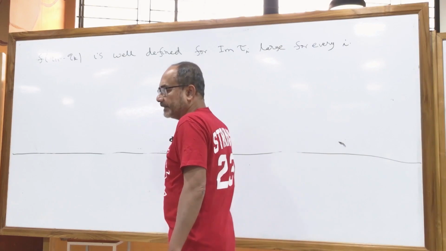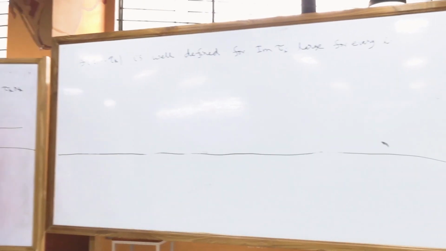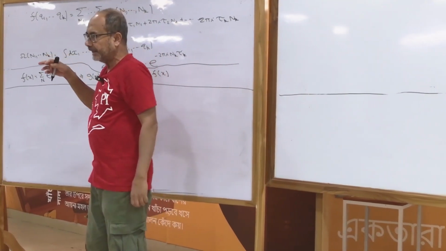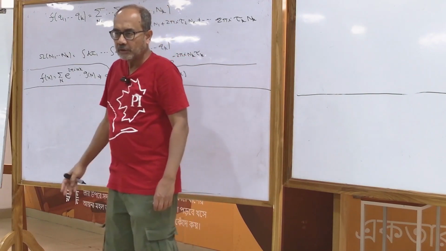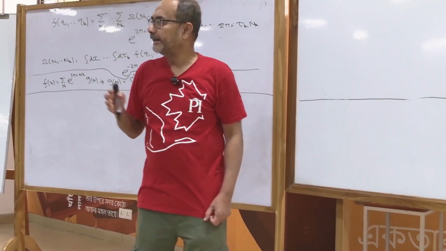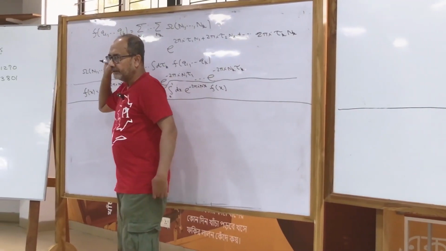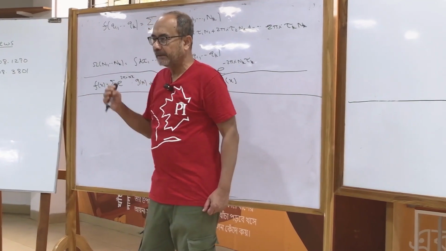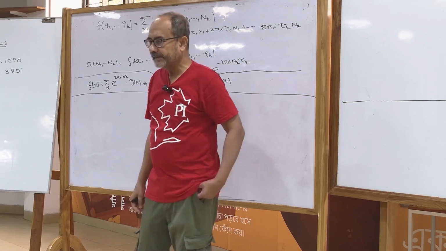Because if imaginary tau i is large, then these will be exponentially suppressed. i times i is -1, right? So, imagine tau 1 is equal to i lambda 1. Then this will be like e to the minus lambda 1 n 1. That falls off. So, this can compensate for the growth of omega. So, for this reason, we will assume that f is well defined not necessarily on the real axis, but in some part of the complex plane where the imaginary parts of the taus are large. Is this clear?